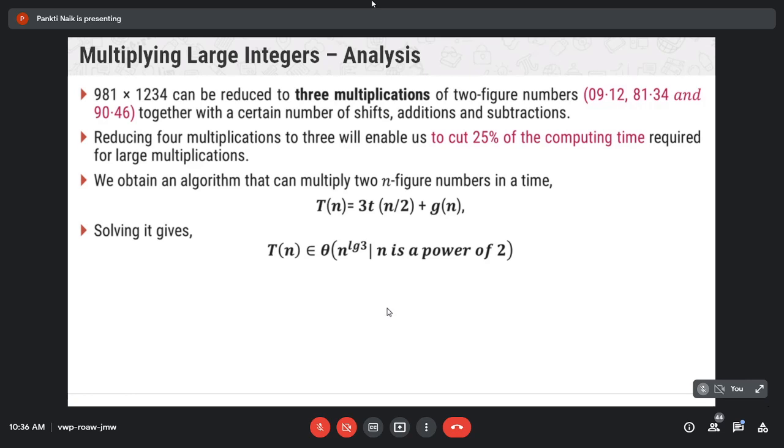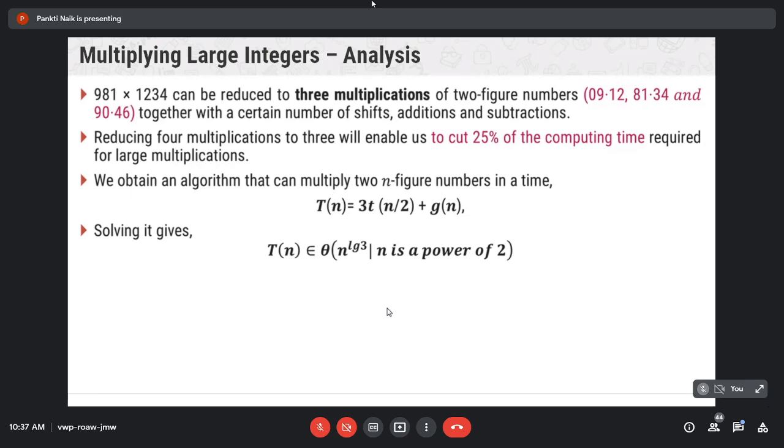So 981 into 1234 can be reduced to three multiplications of two-figure numbers, 09 into 12, 81 into 34 and 90 into 46, together with a certain number of shifts, additions and subtractions. The fewer the multiplications, the less the computing time.